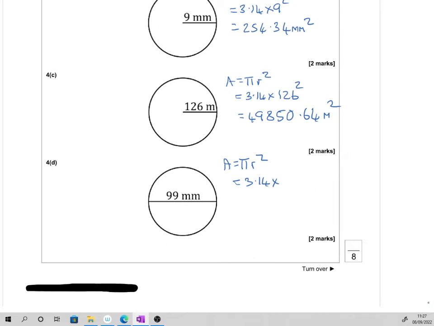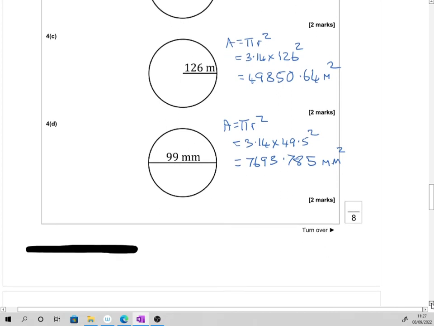Right, 99 divided by 2 is 49.5. 49.5 squared. 3.14 times 49.5 squared equals, there's a square button on your calculator you can use as well, 7693.785 millimeters squared.